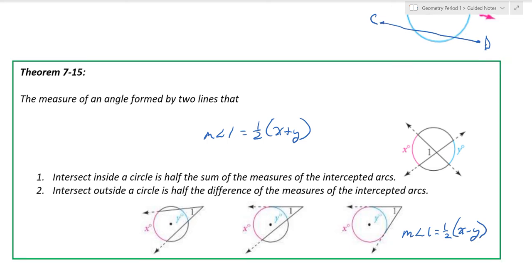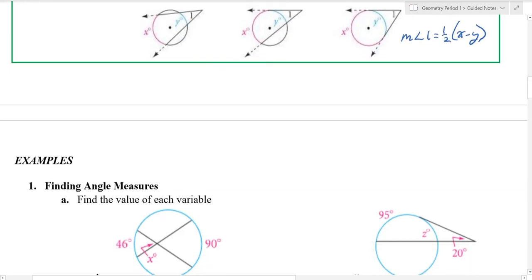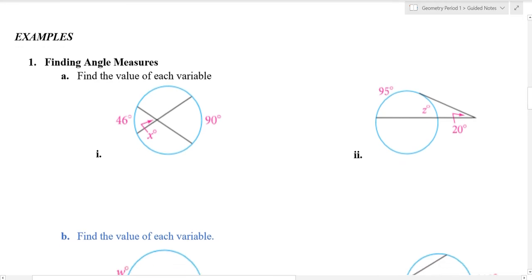All right, let's take a look at some examples. Example 1, part A, number 1. It says to find the value of each variable. In this particular case, we're looking for an angle inside the circle, so we have case 1. I can say that x equals 1/2 the sum of my arcs.